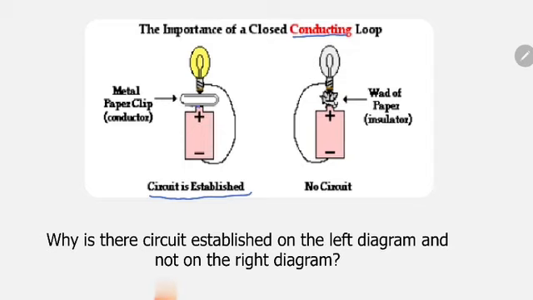So of course, being a metal, the charges can still flow through the filament and to the terminal. But meanwhile here, you have a paper, right? That's an insulator. So there's no way for the charge to flow from the positive to the filament to the negative terminal. So there's no circuit here.